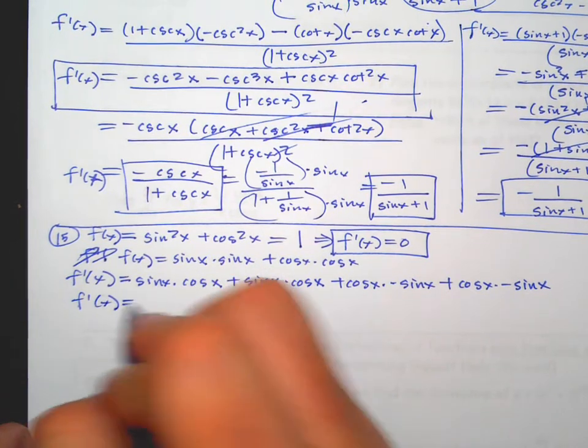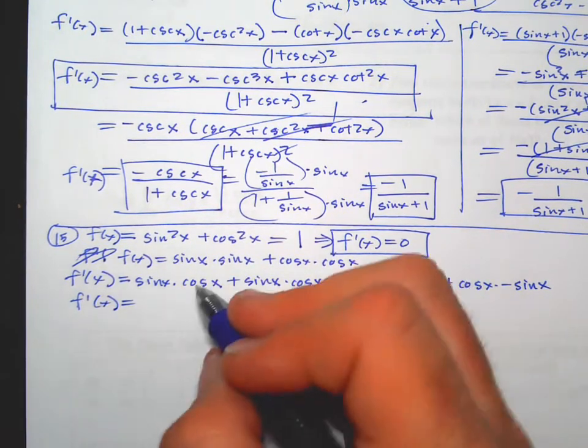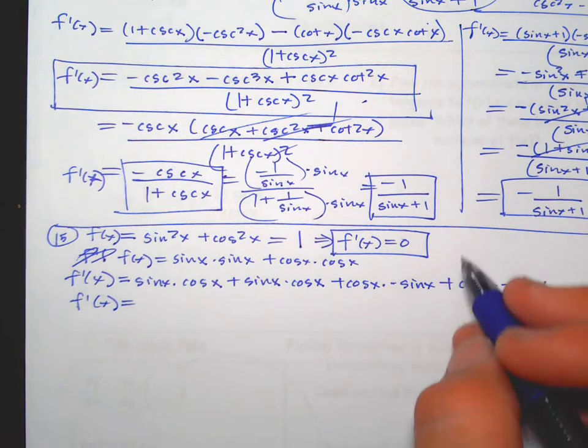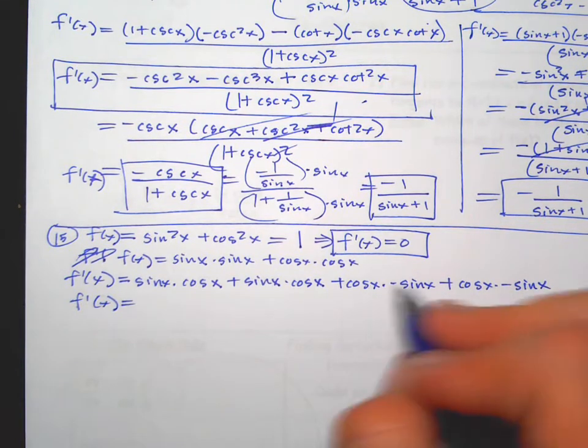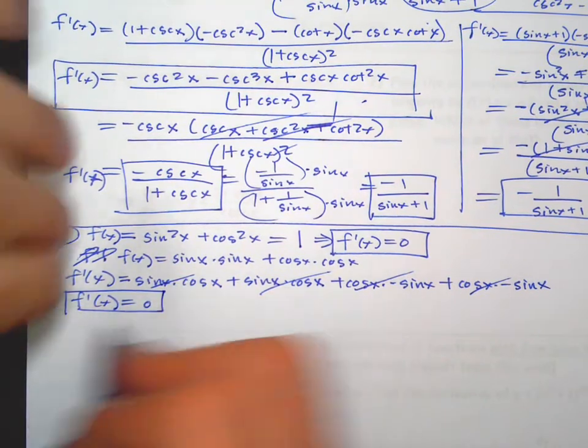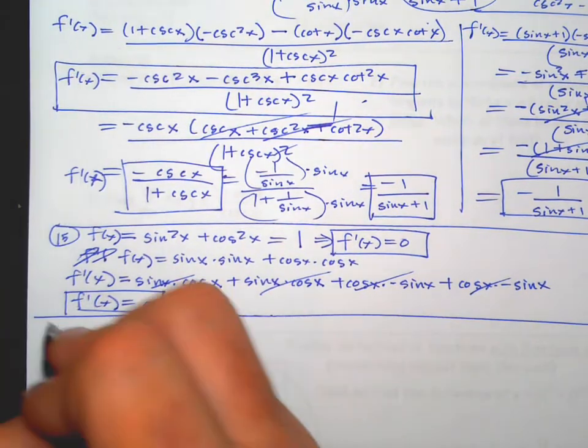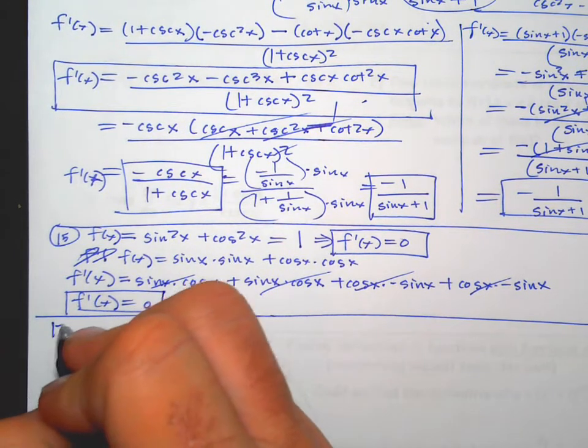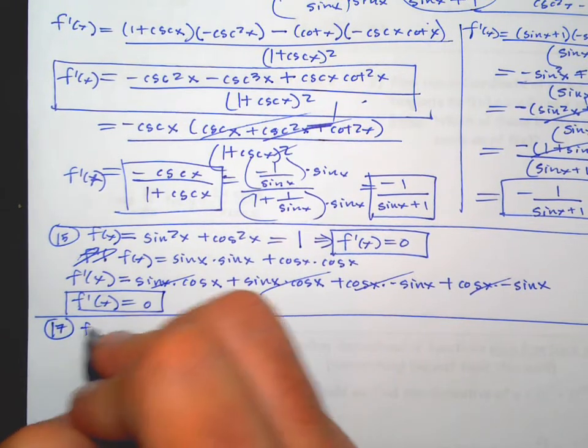And you would get sine x cosine x, sine x cosine x, negative sine x cosine x, negative sine x cosine x. It all cancels each other out. So, okay, 17.